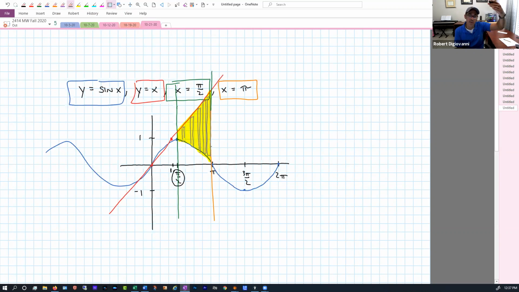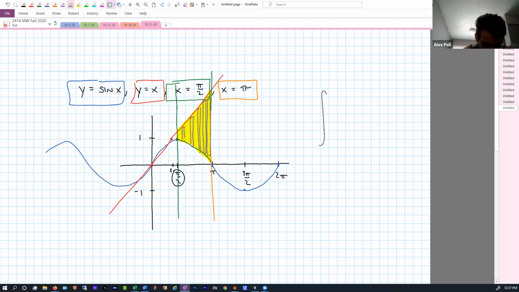Is it always the same top function, same bottom function? Yes? Yep. Okay, the top function is what? The red, right, which is x. The bottom function is what? The blue, right? So that's the sine.